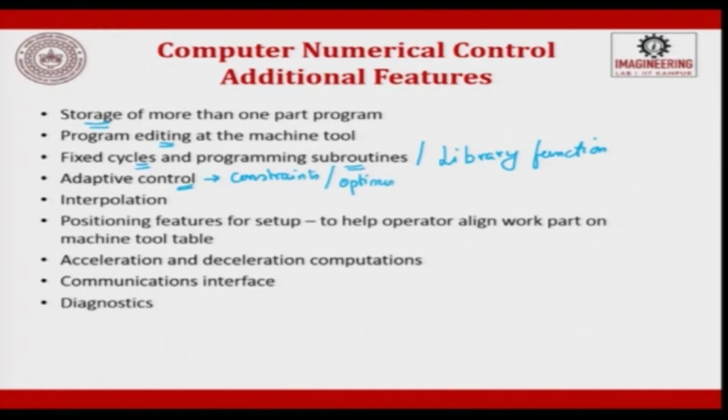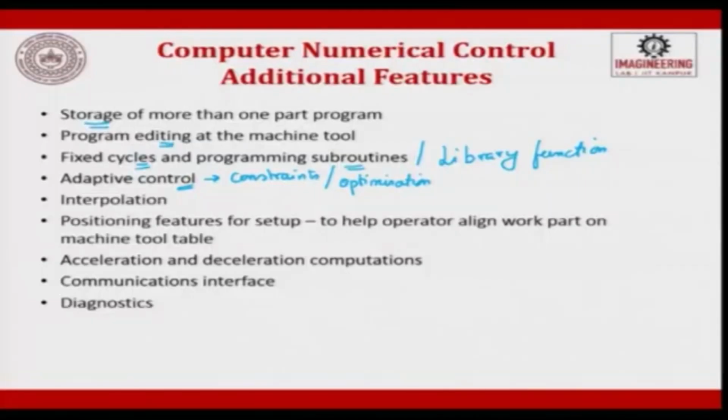Constraints are: if the torque crosses a certain limit, stop the machine; if the thrust crosses a certain limit, stop the machine. Optimization based, it takes the tool wear, the thrust, the torque, evaluates them, and then adaptively controls, reducing or increasing the speed as required.